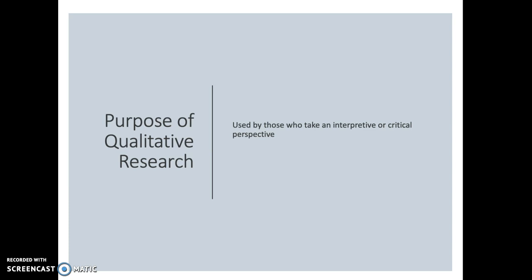Usually people use qualitative research because they believe in the interpretive or critical research paradigm. They want to develop a rich understanding of people's subjective experience. Rich understanding and subjective experiences are the two key words here, because again, the interpretive research paradigm and the critical research paradigm emphasize the unique experience of each individual.